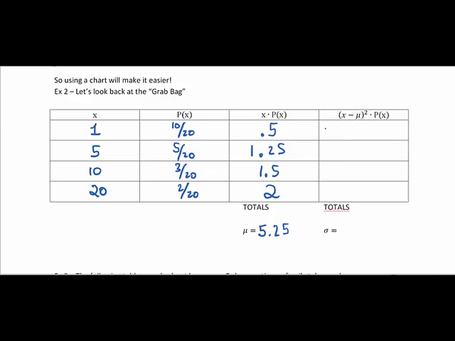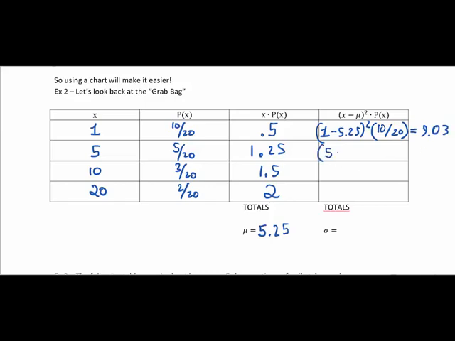So let's take it slow. The x for this column is $1, minus our average, which is $5.25. Type this exactly as you see it into the calculator. And then we're going to multiply this by the probability of x. So you can go 10 divided by 20. If you do this correctly, we're going to get 9.03.